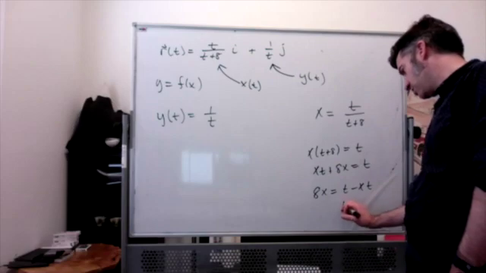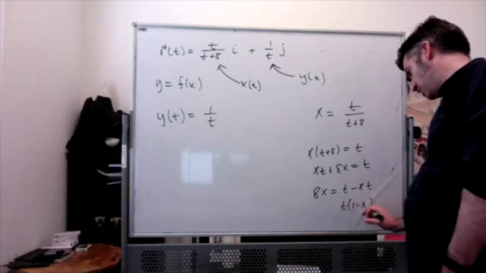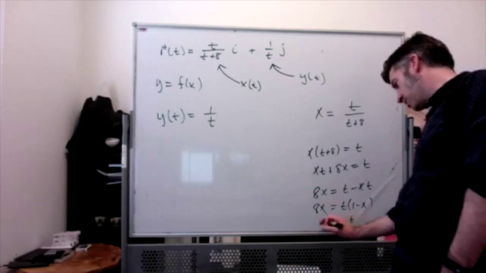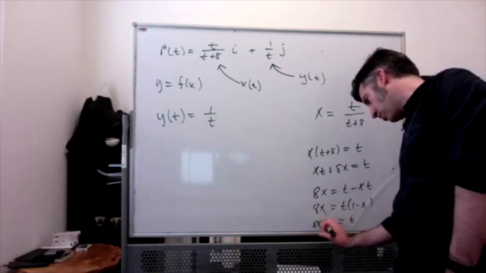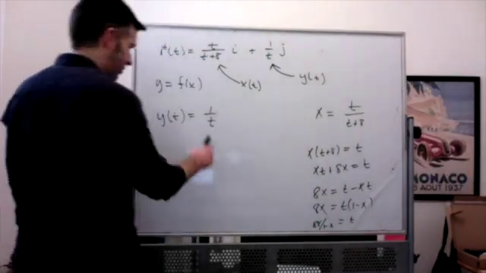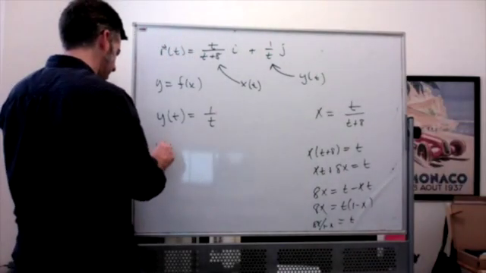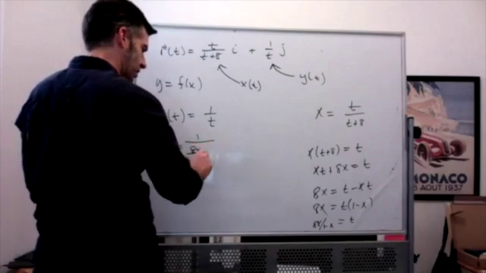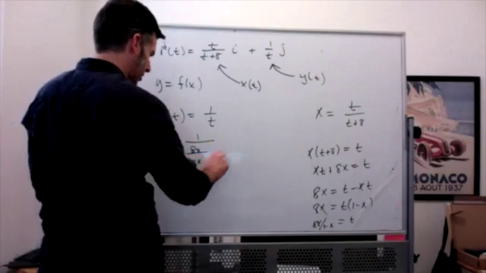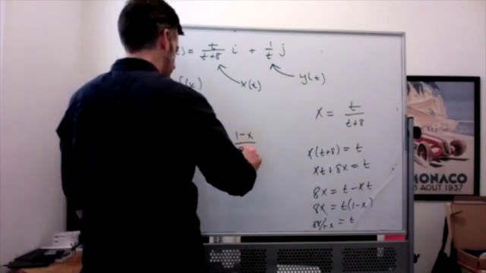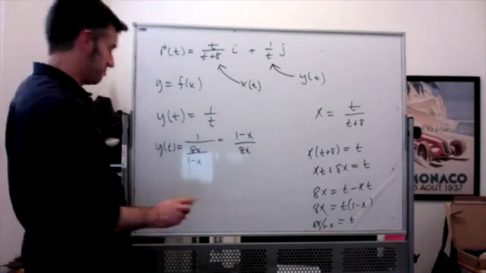Factor out the t: t times 1 minus x equals 8x. So it looks like t equals 8x over 1 minus x. And then we can throw that in here, and y of t is going to equal 1 over 8x over 1 minus x, which is 1 minus x over 8x. Neat.